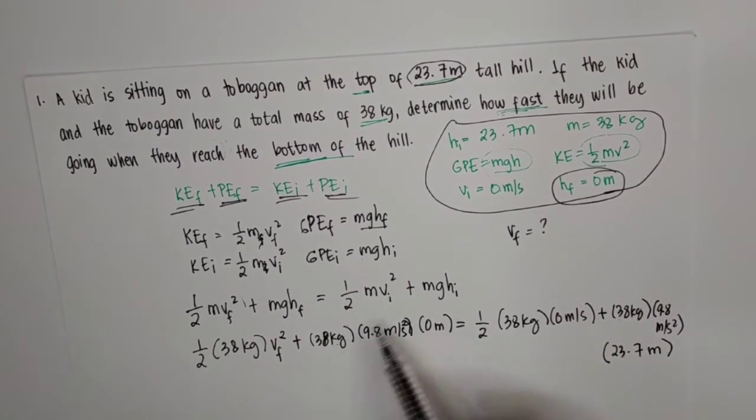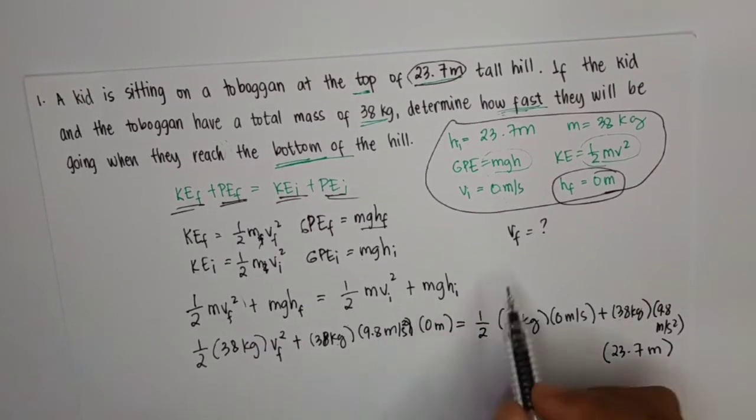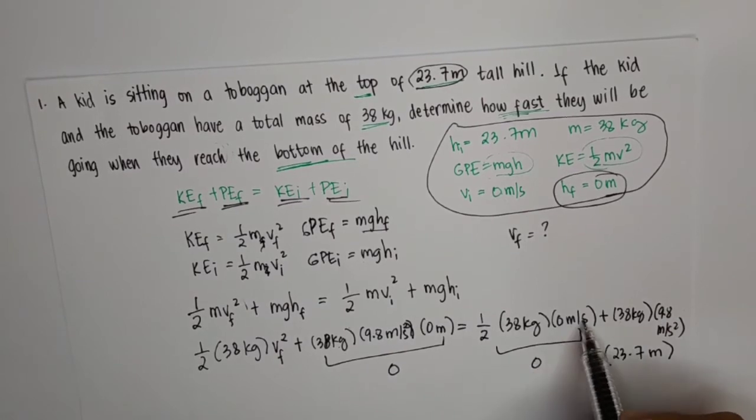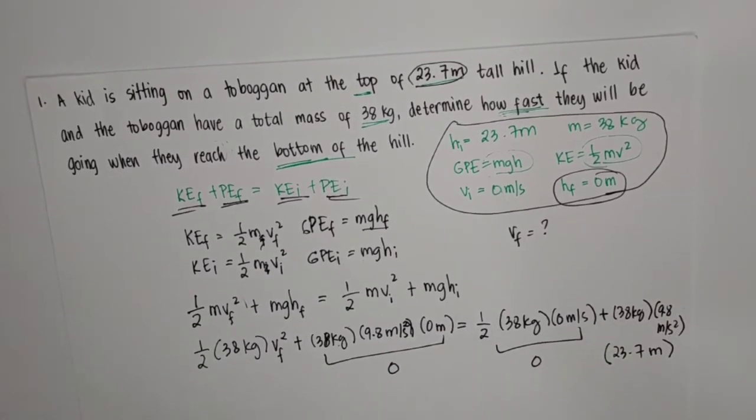So since 0 na ito, so this will be equal to 0. Ito din magiging equal to 0 since may 0 tayo dito. The product of that now will be 0.